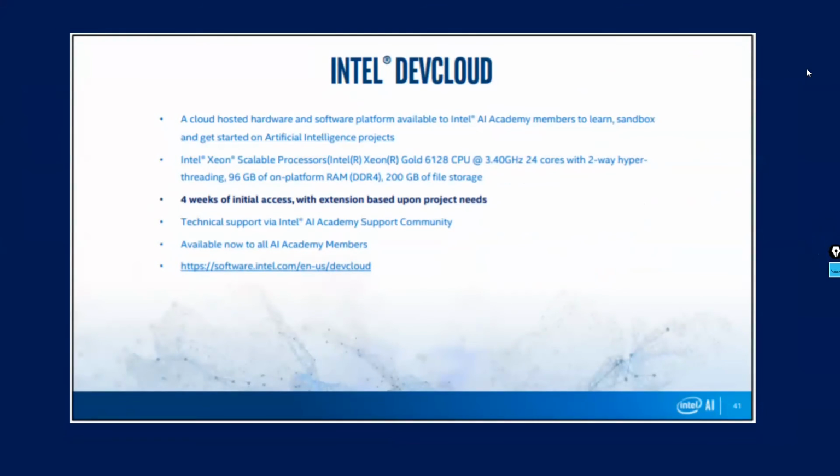One more thing which is very good about Intel's cloud is they have their own cloud called DevCloud, and DevCloud has a lot of projects and demos powered by Xeon scalable processors. It has around 24 cores with two-way hyperthreading, with 96 GB of on-platform DDR4 RAM, and 200 GB of file storage.